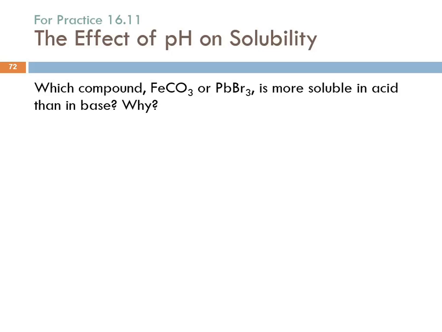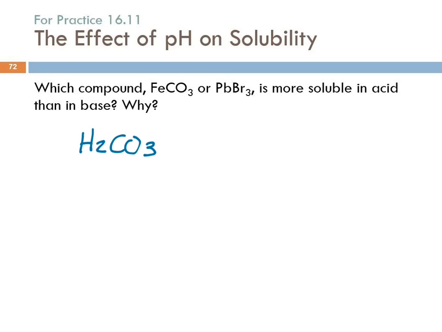What sorts of compounds would be more soluble in acid? Those that have a weakly basic anion, right? Well, carbonate. Carbonate is the conjugate base of which acid? Carbonic acid.